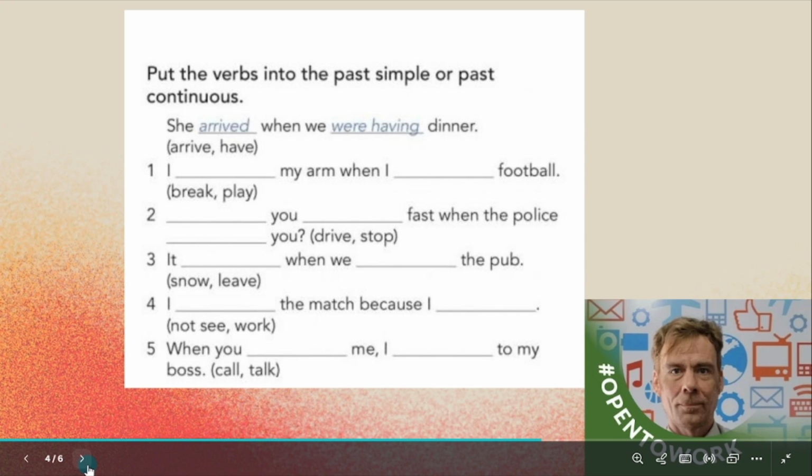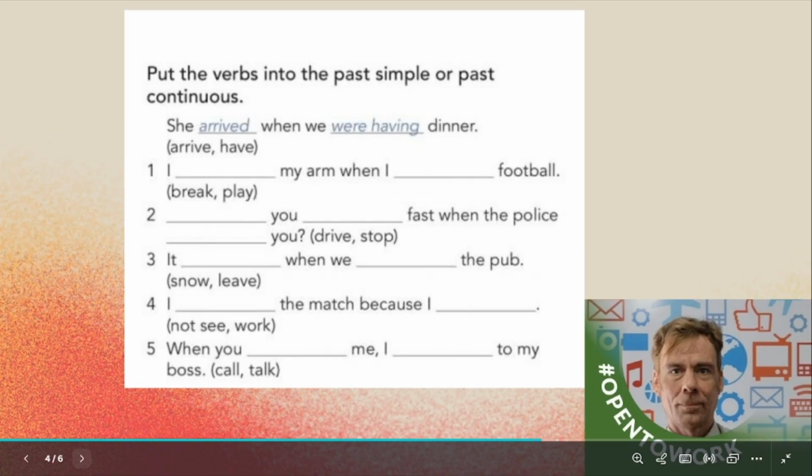All right, so let's take a look at some examples of combining the simple past and the past continuous. In our example here, our verbs are arrive and have. Now, again, the simple past is usually used for the shorter action and the past continuous for the longer action. What takes less time?